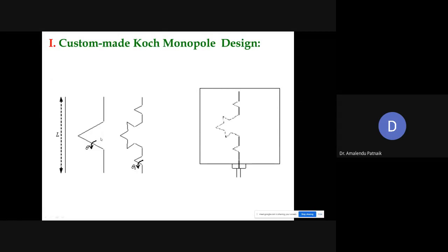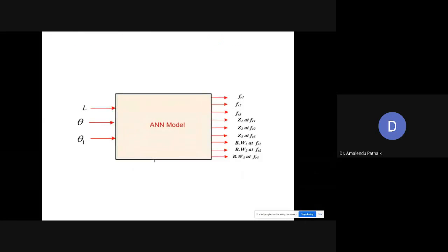First time you can make it theta, second time you can make it theta 1, and so on, so that you can shift those resonant frequencies of the antenna. Because all resonant frequencies of a classical antenna are not required frequencies, we have used this angle as another parameter to shift those frequencies. Okay.